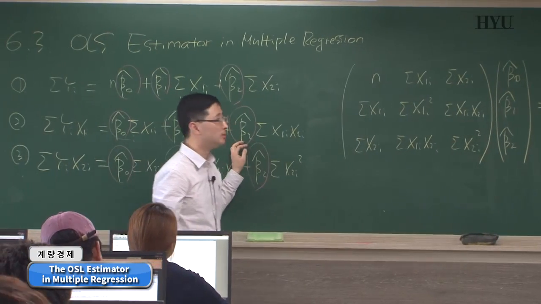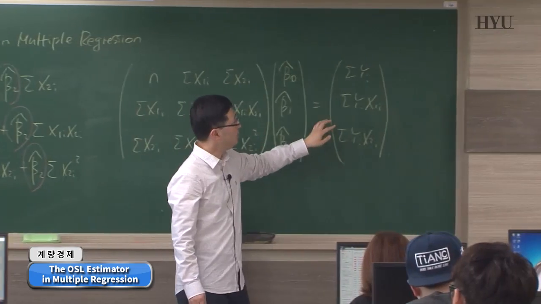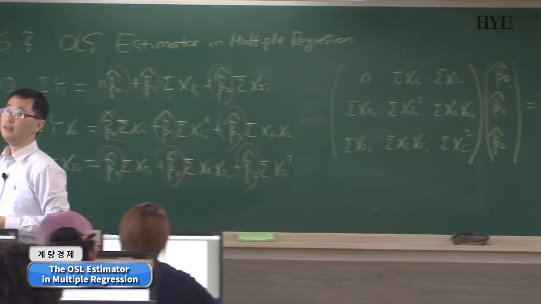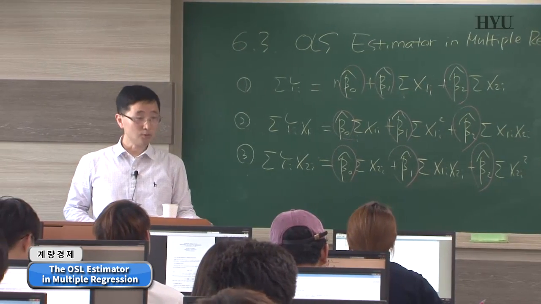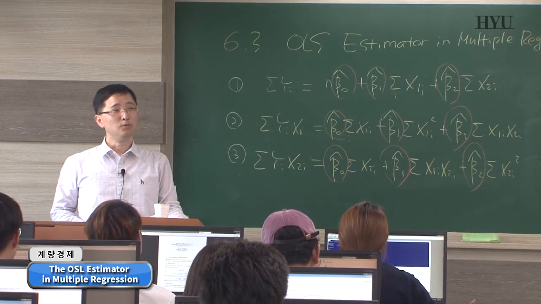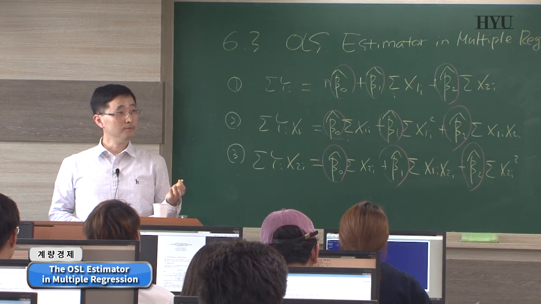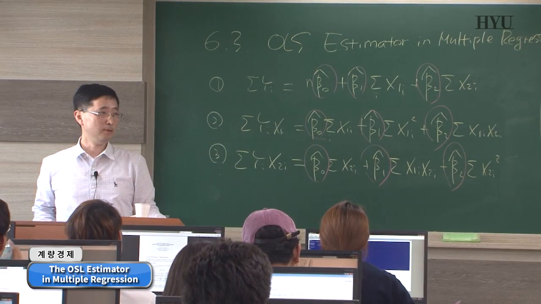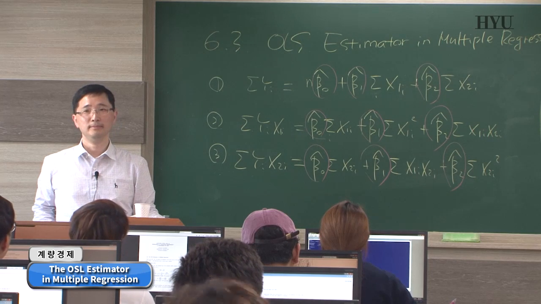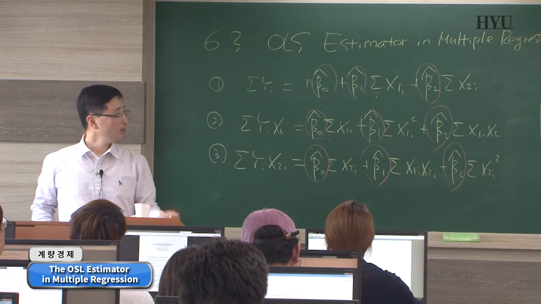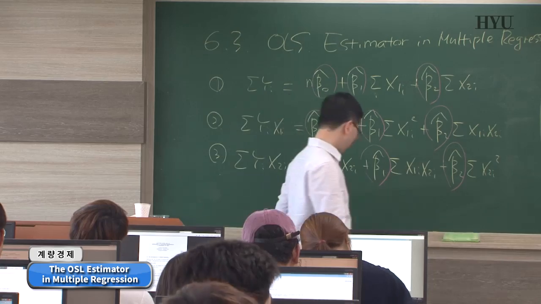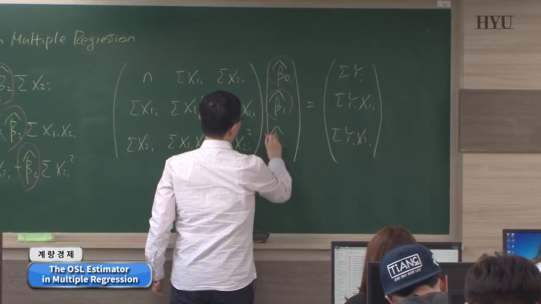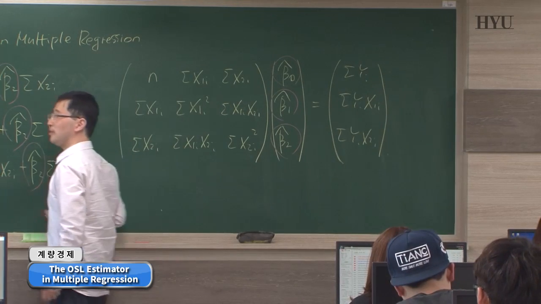That is equal to summation of y and x1. So far, the matrix is just a convenient tool to rewrite 3 equations in a compact way, right? Now again, the question is, this is the variable you're interested in. We still have to solve this system of equations. How do we do that?